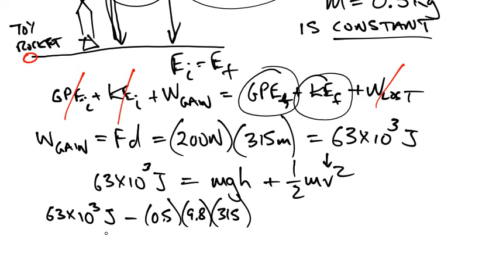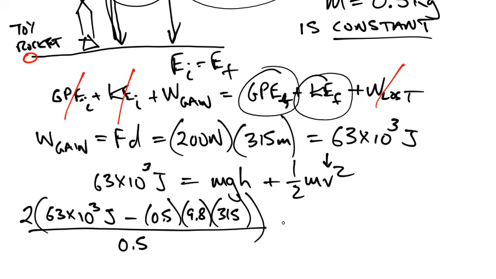And now we can multiply both sides by 2. And then divide this side by m, which is 0.5. And then, of course, if we want it to be equal to the velocity, we have to take the square root. Okay, now here's where it's kind of handy sometimes to have an RPN calculator.